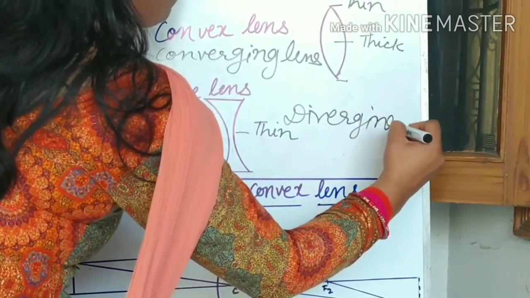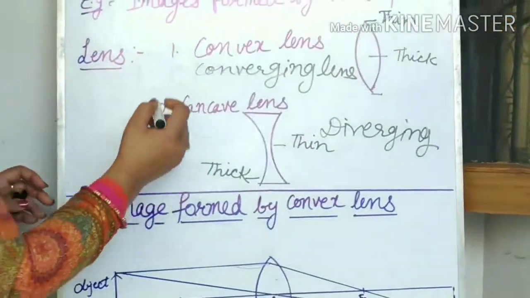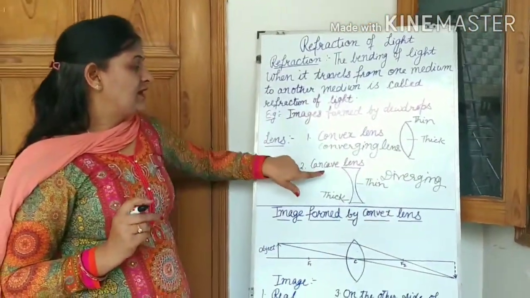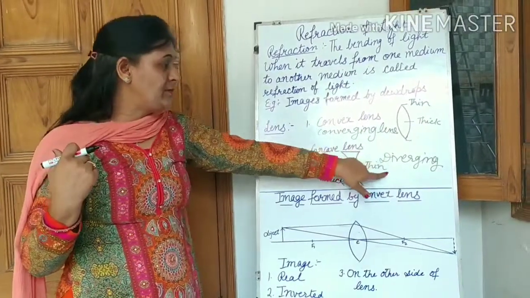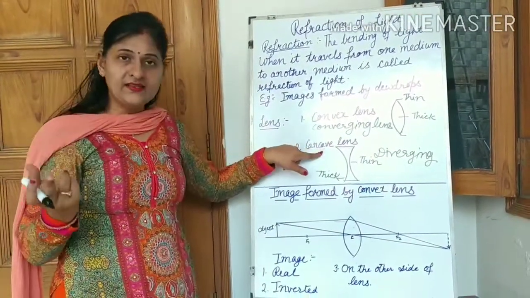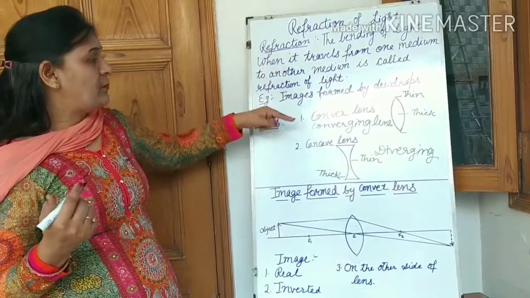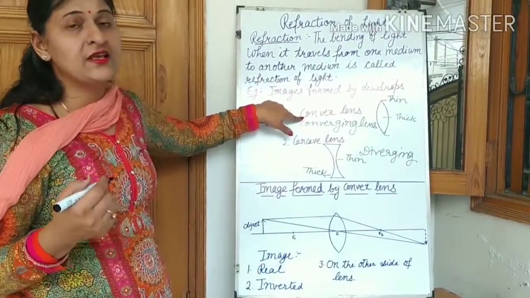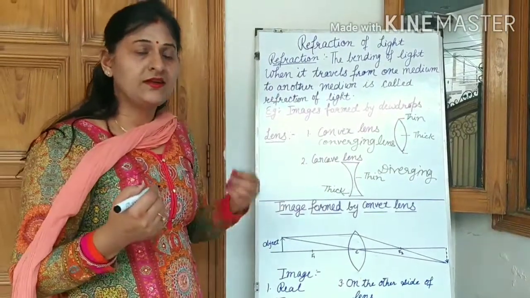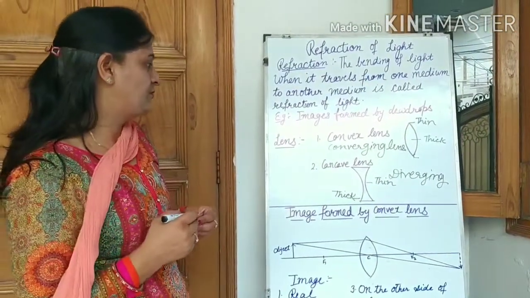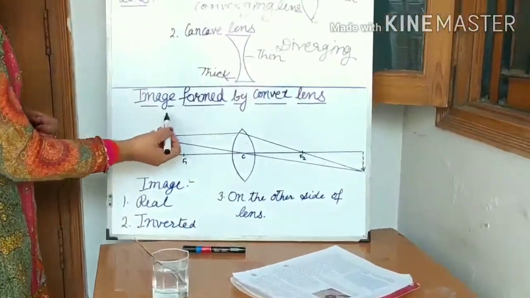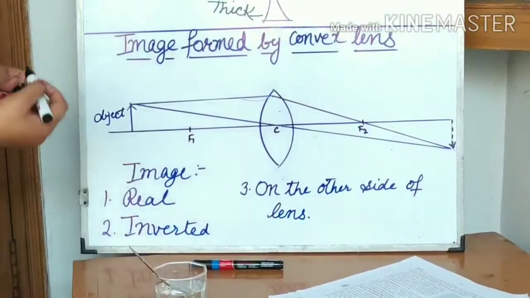So please don't forget that the concave lens is diverging but the concave mirror is converging. It is opposite. The convex lens is converging but the convex mirror is diverging.